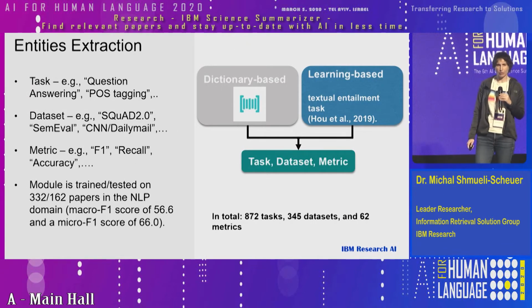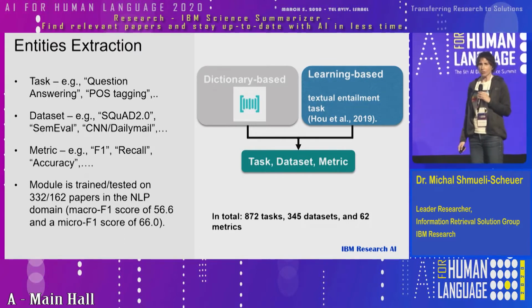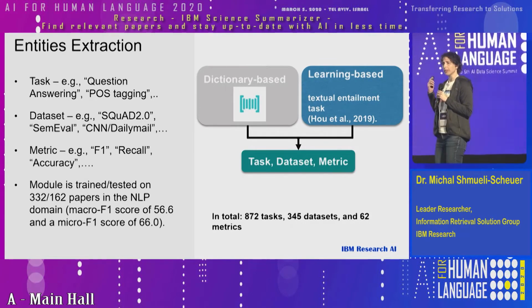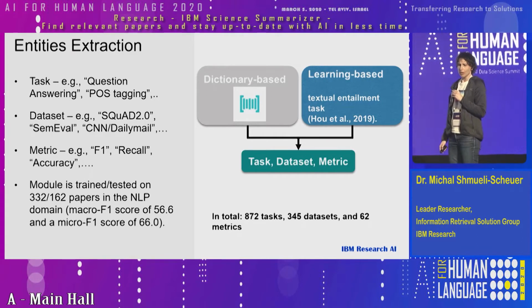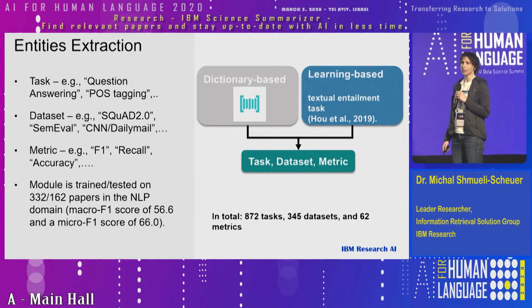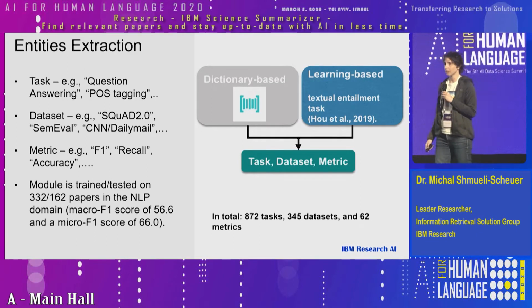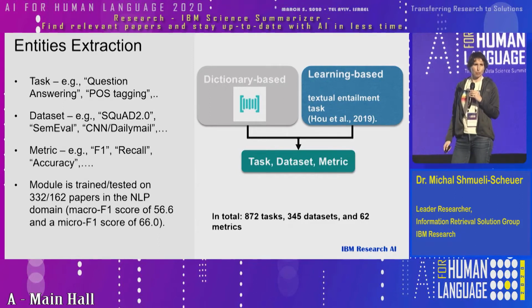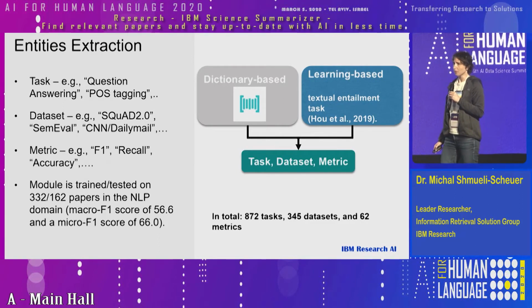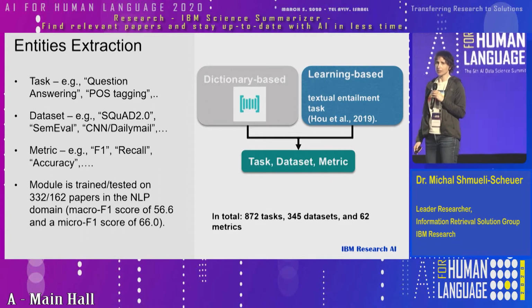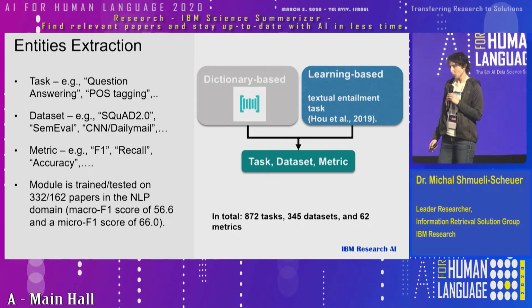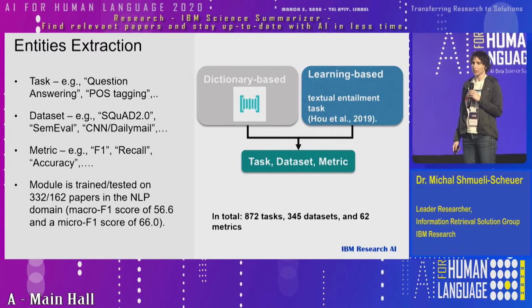Okay, so I mentioned that we are extracting entities. If you recall, when we did the interviews, people said that often they search by entities. So I mentioned a task, maybe a dataset, and in general we find it very important, at least for the computer science domain, which is the focus in our system.